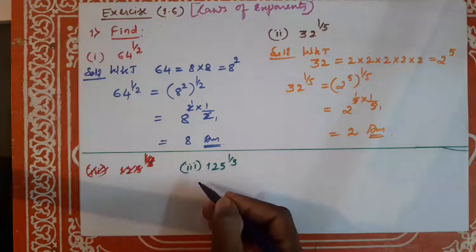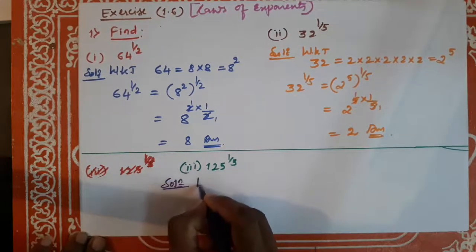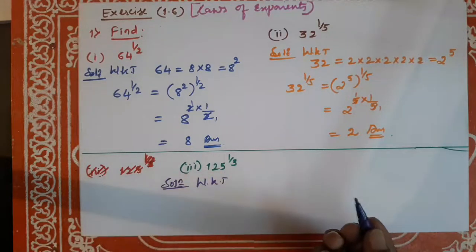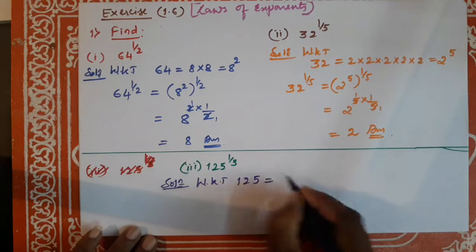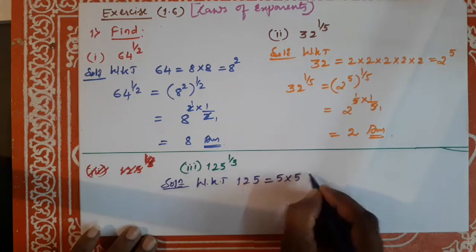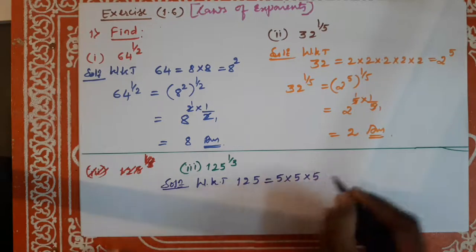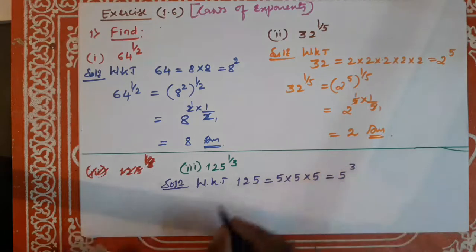Dear students, third question we have, solution. We know that 125, how can it be written? 125 is equal to 5 into 5 into 5. 5 fives are 25, 25 fives are 125, which we write in exponent form as 5 to the power of 3.